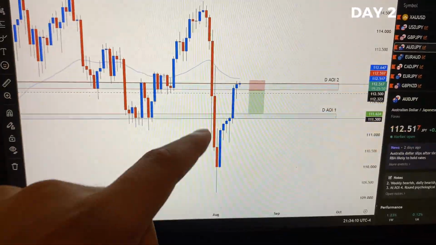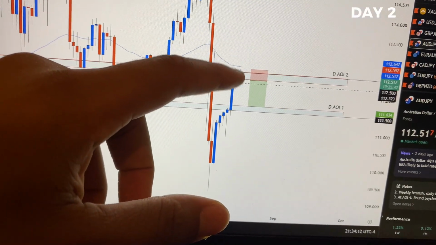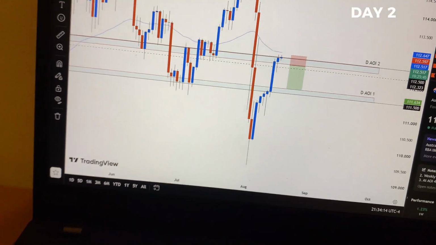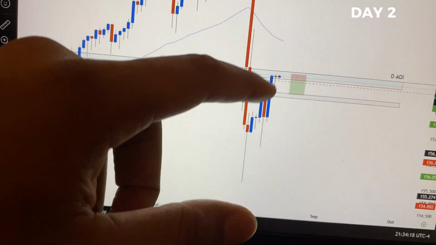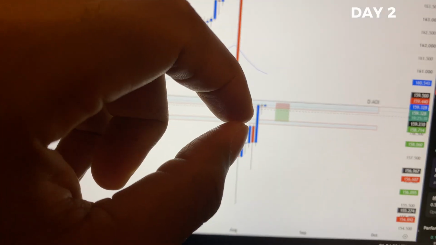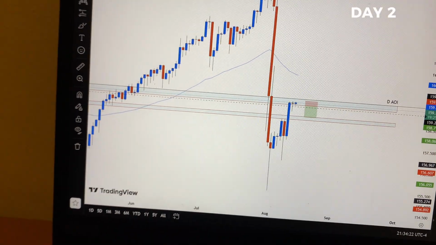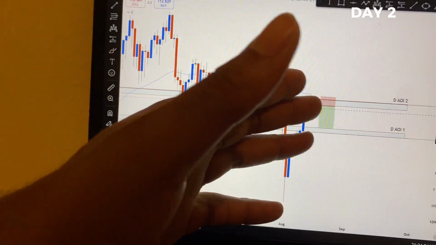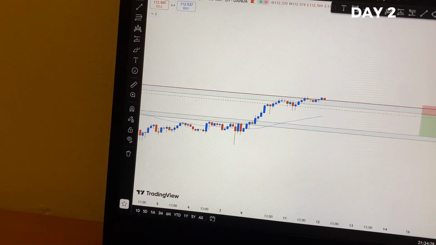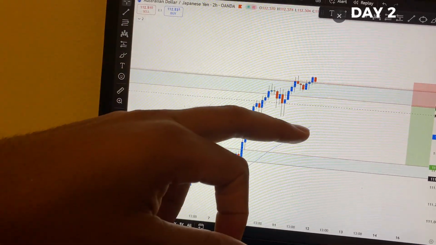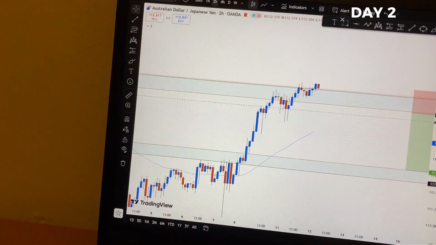AUD JPY. I like this daily rejection, not as much as this one right here, because this shows me that the sellers are a bit stronger than the buyers, but it is still valid. It is very valid. All I'm waiting for is a shift of structure from here.